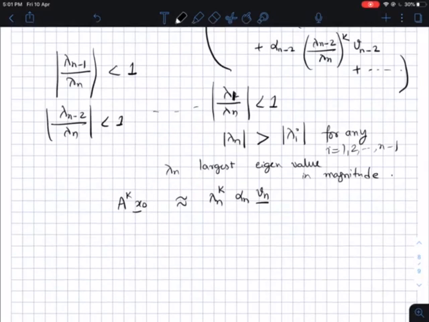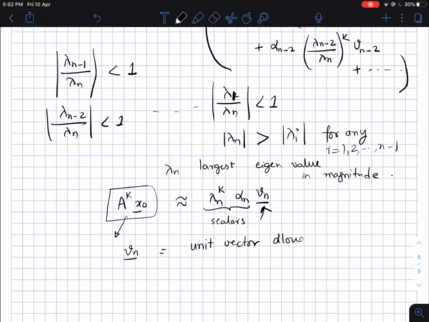Okay, it's very close to lambda n to the k alpha n bn. Note that here these quantities are just scalars, and this is a vector. So what this gives you is that a to the k x naught will approximately be along the direction of Vn. That actually tells you immediately what Vn is.